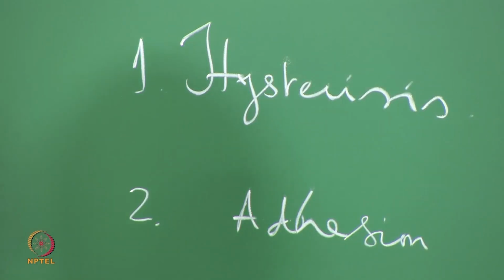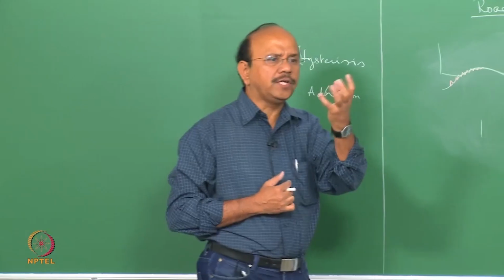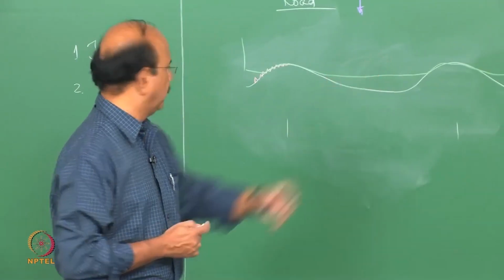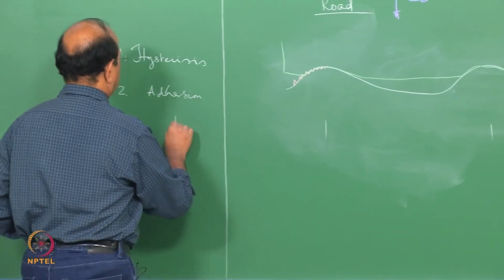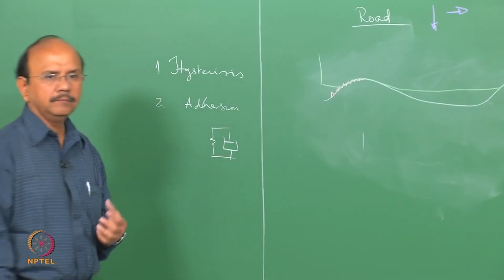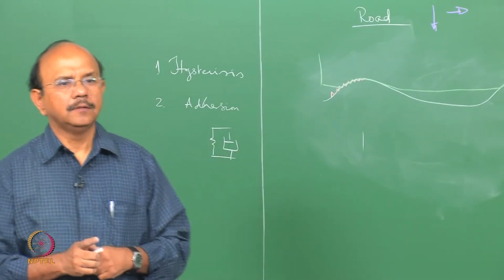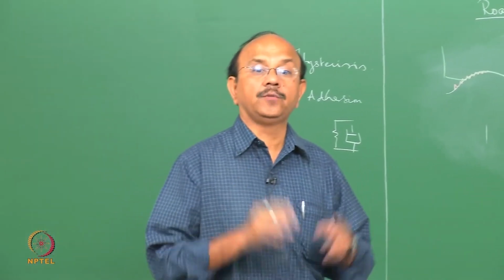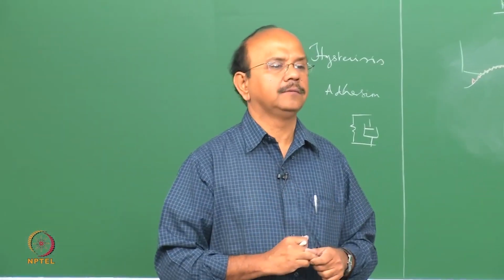What do we mean by this adhesion? Actually, these long chain molecules, which we represented by means of a simple model of spring and dashpot, get attached to the surface, assuming right now that the surface is dry.